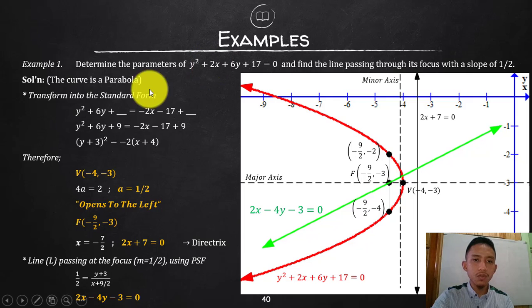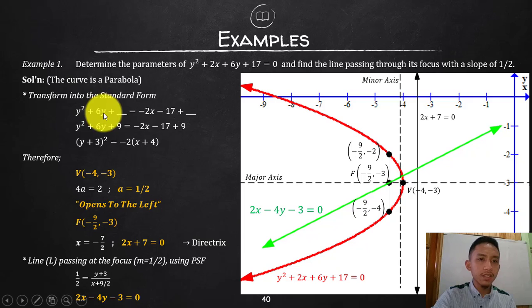So 2x will be negative 2x, 17 will be negative. Completing the square, get the middle number there, divided by 2, which is 3, and 3 squared is 9. Add it also here. So by perfect square, that is y plus 3, quantity squared. And if you simplify this one, negative 17 plus 9 is negative 8. But in standard form, that should be y only and that should be x only.